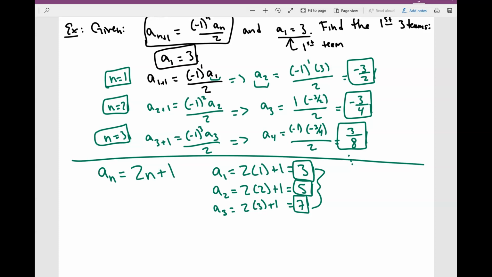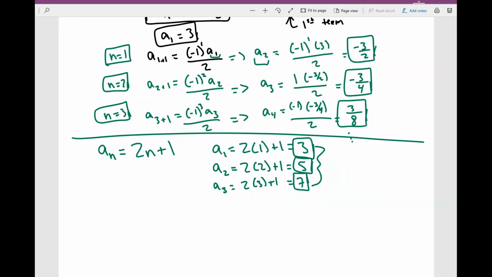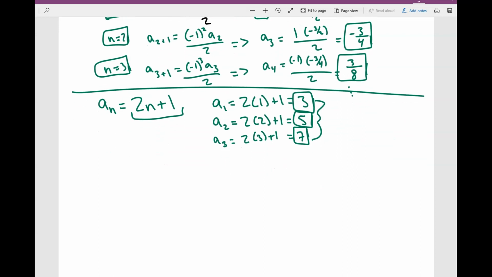So this is what a sequence basically is. Here is a formula for the sequence, someone has come up with this formula, and here is the sequence itself. Now, usually we want to figure out, if we start listing these numbers 3, 5, 7, what happens as n increases, as n goes to infinity.